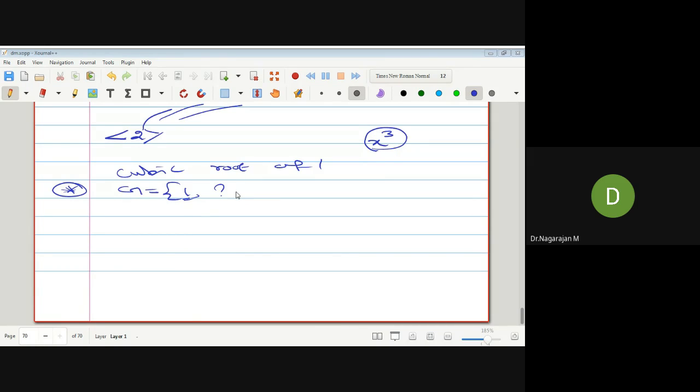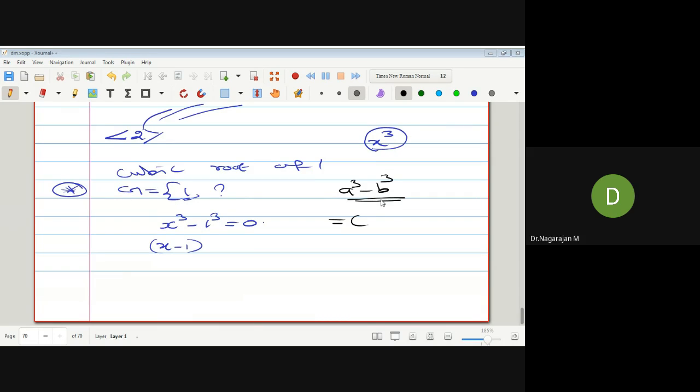Any idea? What is the formula of a cube minus b cube?